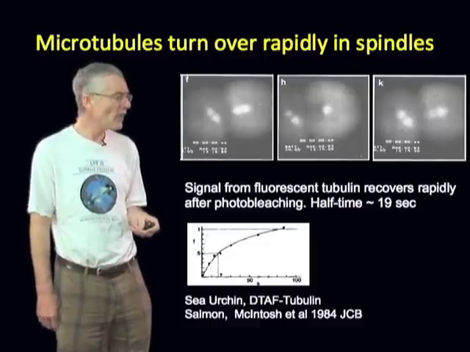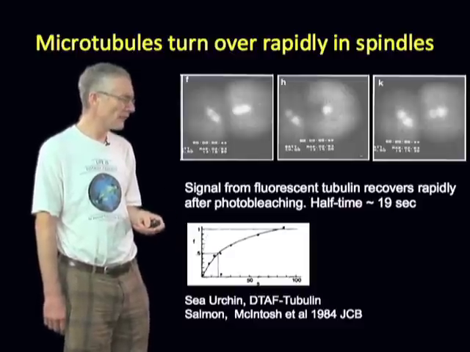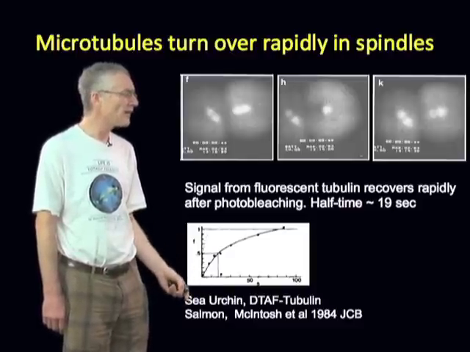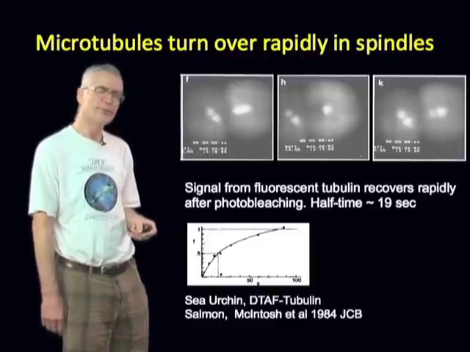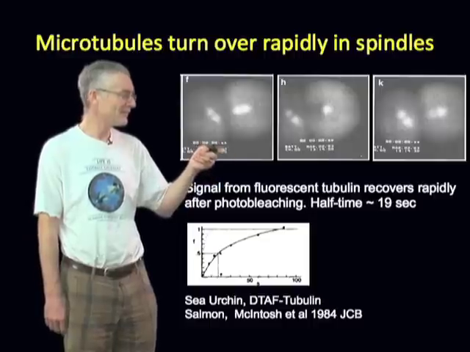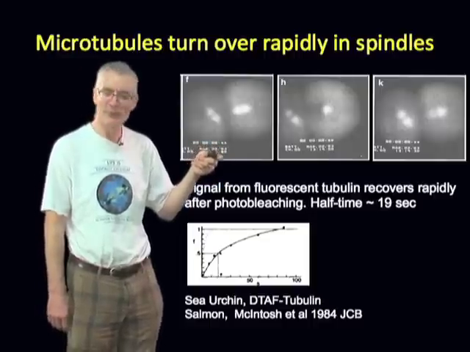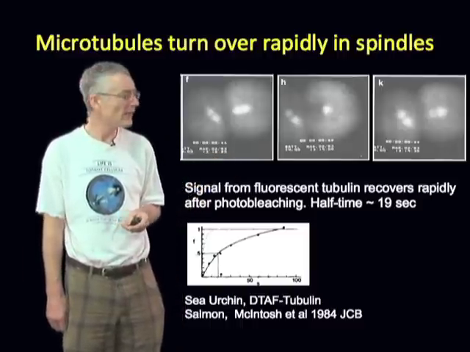So one thing we know is that microtubules turn over very rapidly, as I implied in the cartoon. A classic experiment that was done when I was still a PhD student by Ted Salmon and Dick McIntosh and co-workers is a fluorescence photobleaching recovery experiment. This is 1984, so this was done with a video camera, not a modern digital camera, so it looks a little fuzzy.